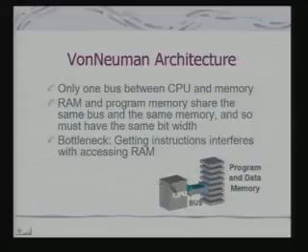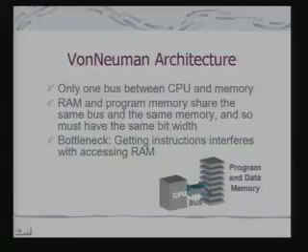I have got CPU and I have got program and data memory put together and having a single bus connecting the two. I provide address from the CPU to the memory to fetch instruction as well as to fetch data, and we use the bus to read the data as well as write the data onto that memory.